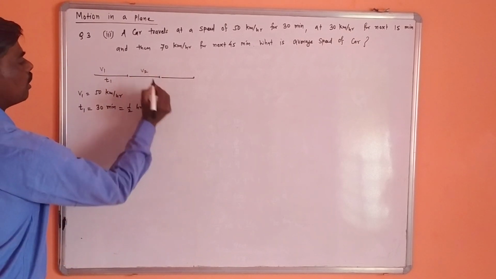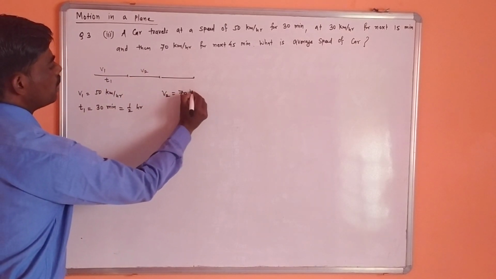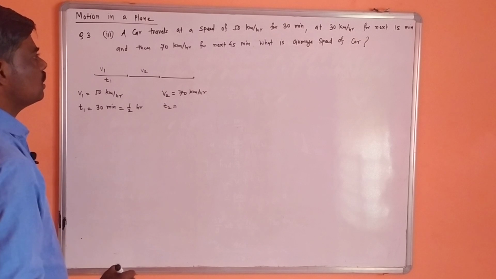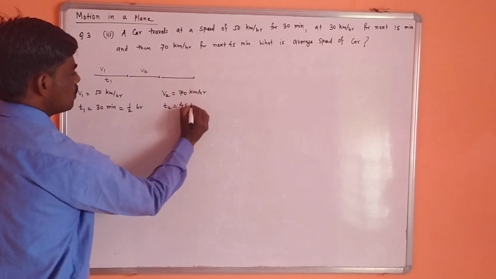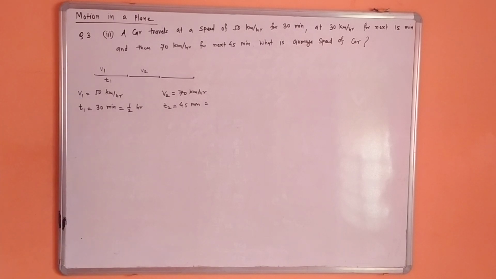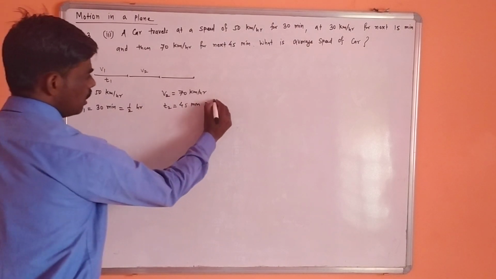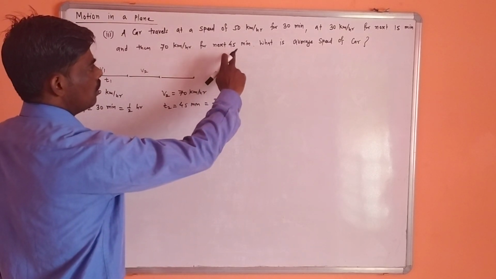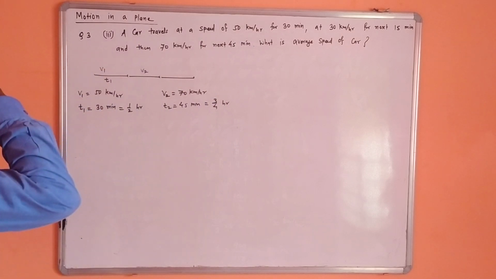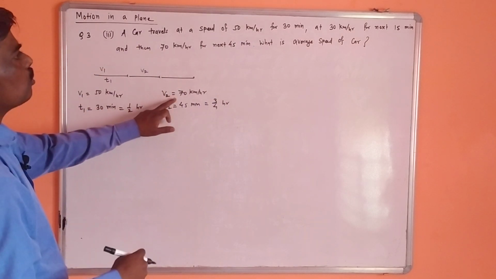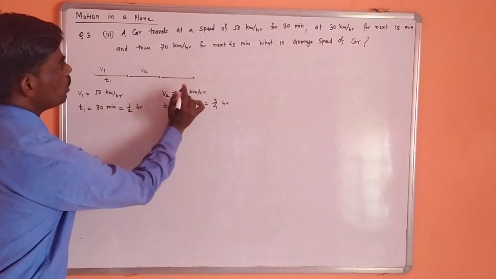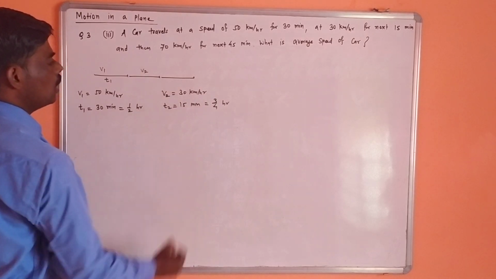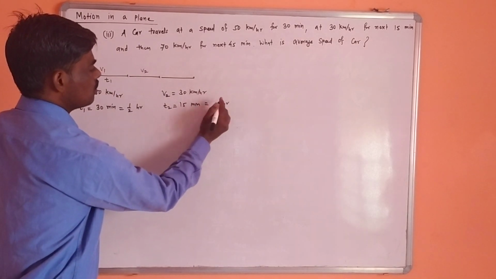Then for the second interval the velocity is v2, that is 30 km per hour, and for this velocity the car travels for 15 minutes. So 15 minutes means 1/4 hour.